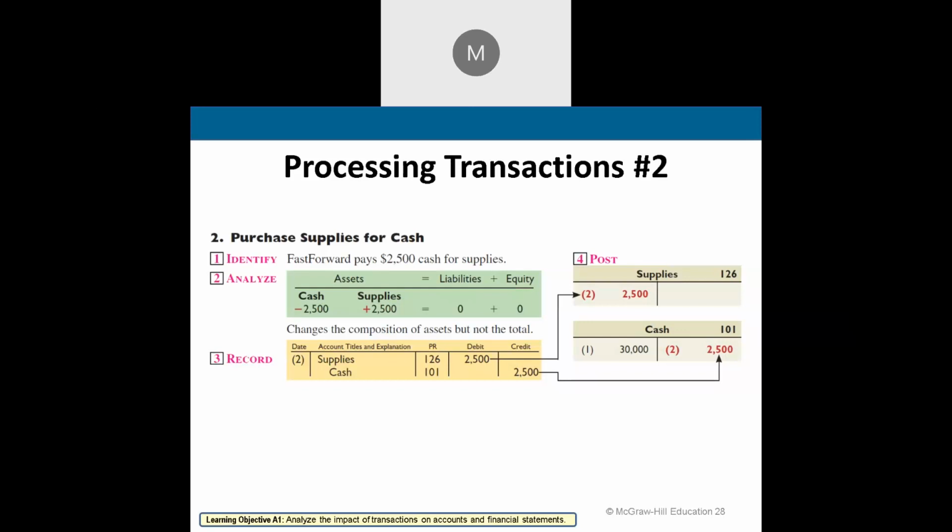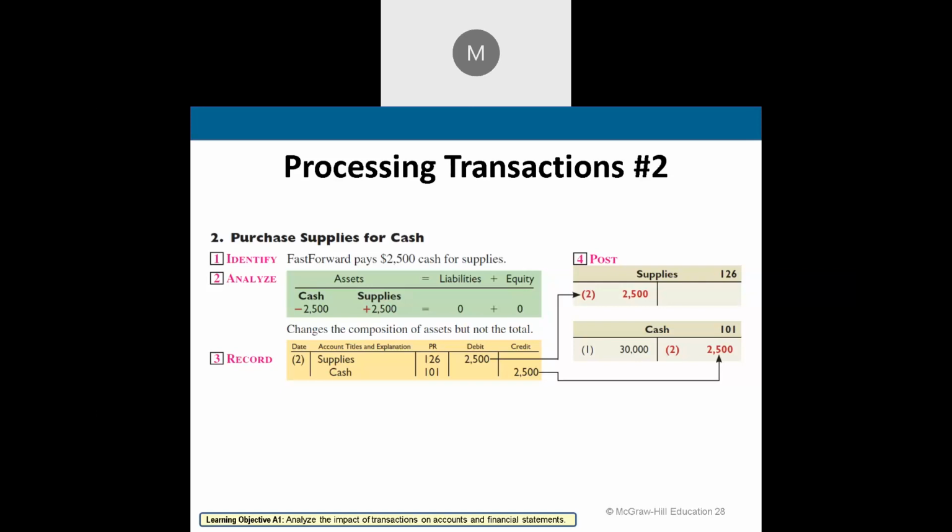We bought supplies for $2,500. The second step is we analyze the transaction based off of the accounting equation. Cash went down, but supplies went up. Yes, they're both assets, but we see the accounting equation still balances out. It's like a net change on the assets.